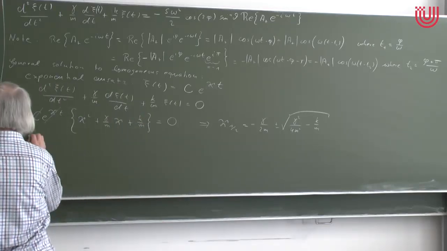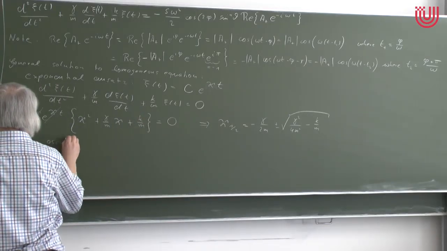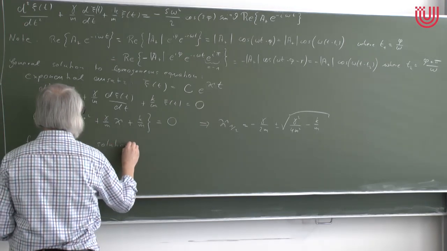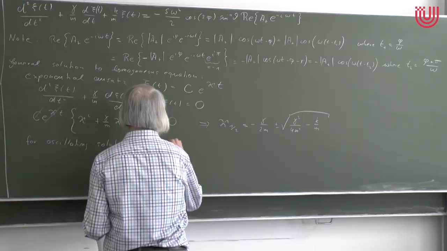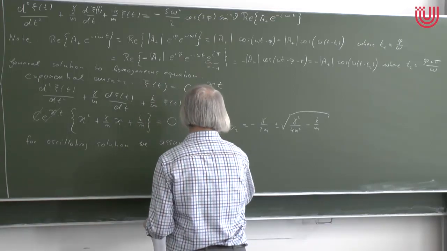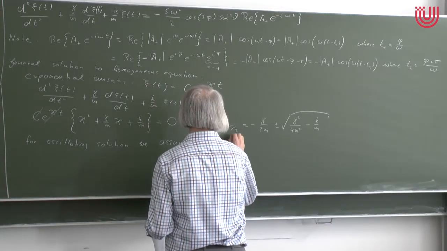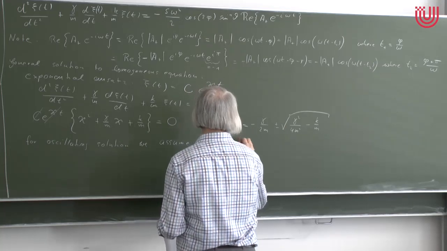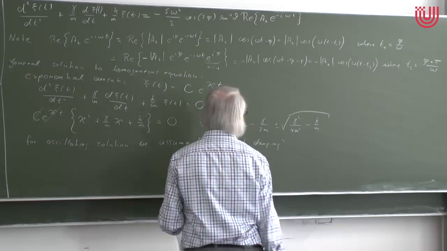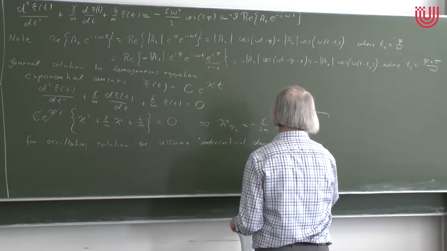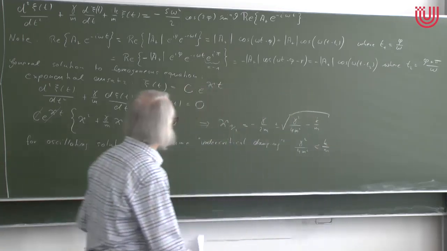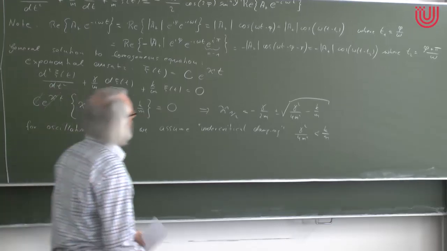So for an oscillating solution we assume under-critical damping. So the damping, the gamma, should not be too big. Under-critical damping means that gamma squared over 4m squared is smaller than k over m. Then I have a negative number under the square root.